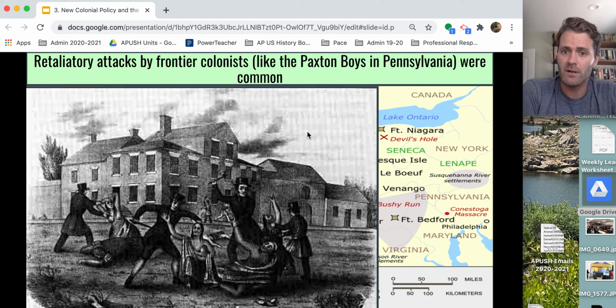This is a good example of the Paxton Boys. It's worth noting the College Board loves the Paxton Boys, so you should too. Not loves like that, but loves to include them in things. So the Paxton Boys are a great example of frontier justice, right? Groups of individuals on the frontier taking the law into their own hands and savagely beating and killing Native Americans as revenge for Pontiac's Rebellion.